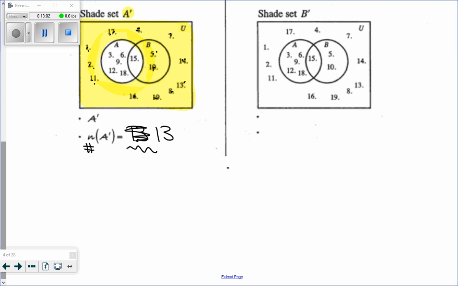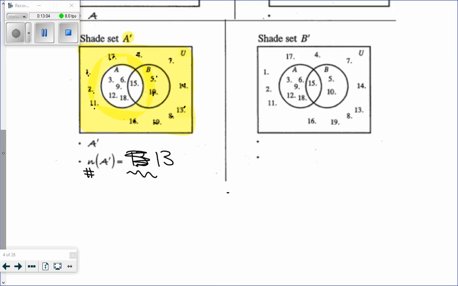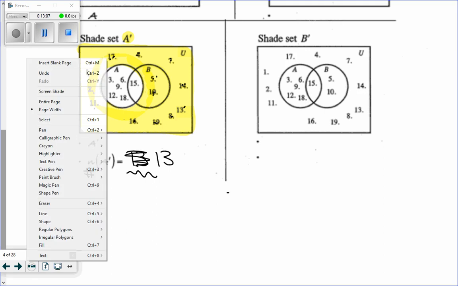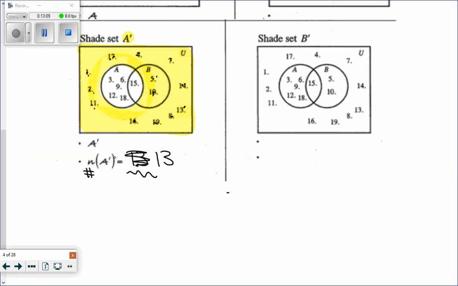Okay, so then what does not B mean? Well, not B means everything outside of circle B. So put a line around B or an arc around B, and then you're going to color in everything that's not in that circle.